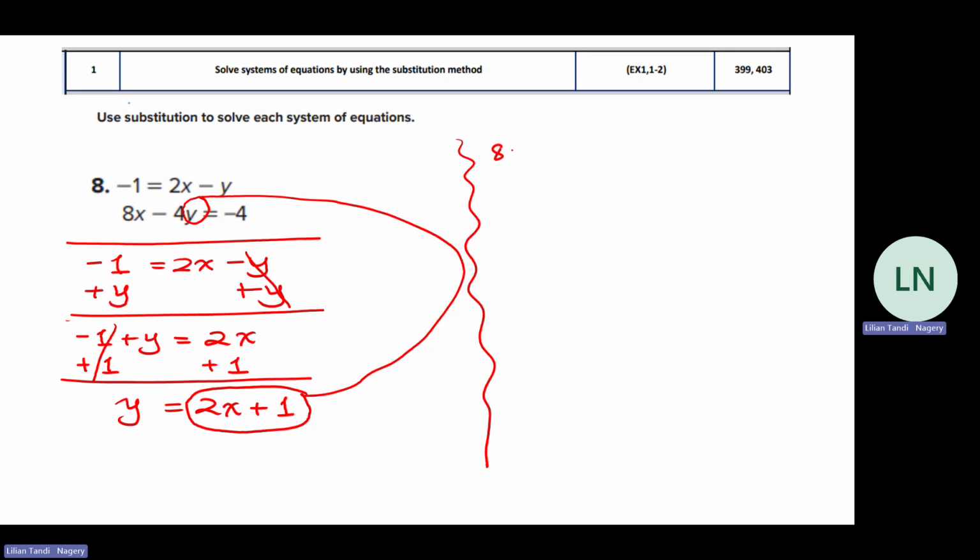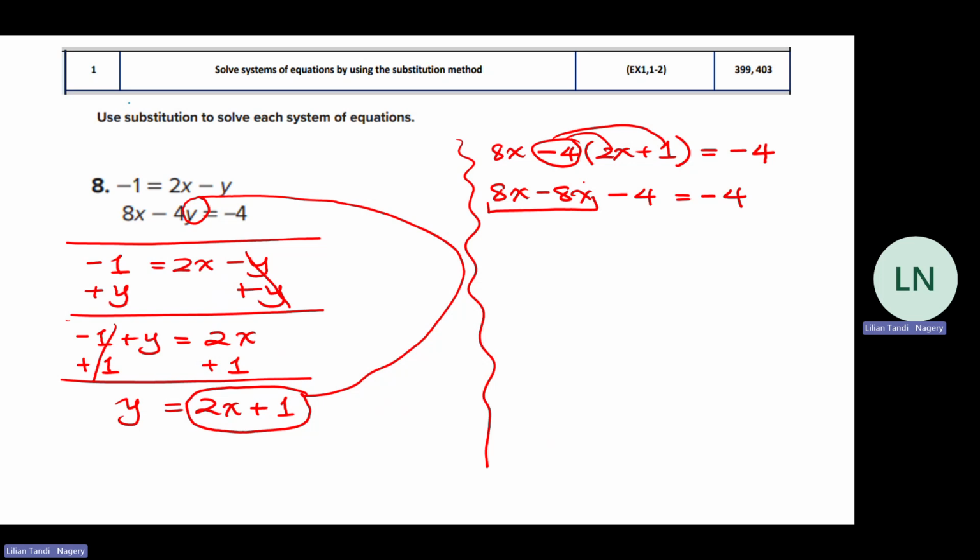Then I will write 8x minus 4 parentheses 2x plus 1 close parentheses equals negative 4. Then I will do distributive property. Then I will say 8x minus 8x minus 4 equals negative 4. Okay, this will become 0. And now we'll have negative 4 equals negative 4.